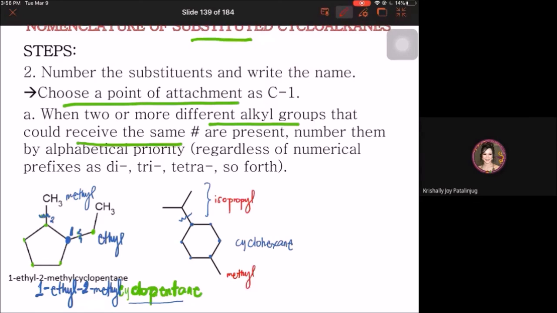Now, if you choose the point of attachment, whichever carbon is carbon 1, these two could receive the same number. If you number 1, 2, 3, 4, your first trial gives positions 1 and 4 for the substituents.